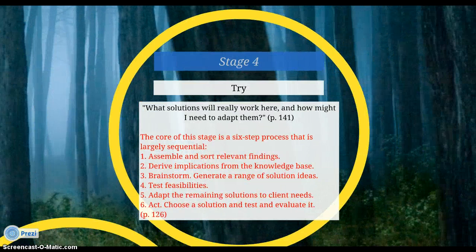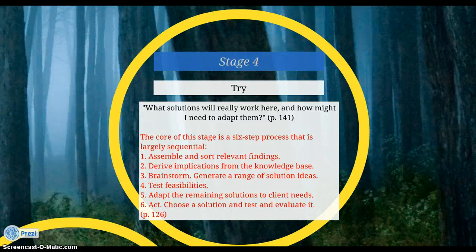Stage 4. Try. The core of this 4th stage is a 6-step process which will guide the change agent to: 1. Assemble and sort the relevant findings from the acquire stage. 2. Derive implications from the knowledge base that affect the client system and its objectives and circumstances. 3. Brainstorm.